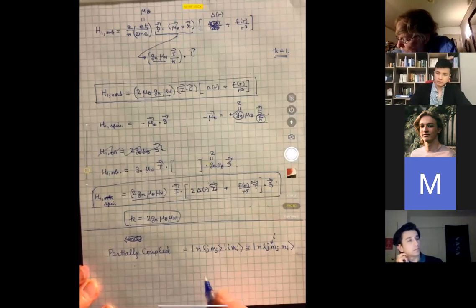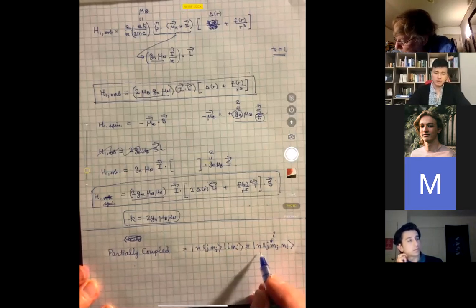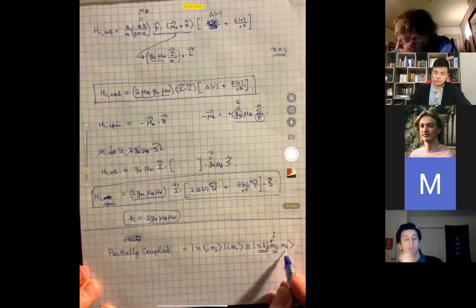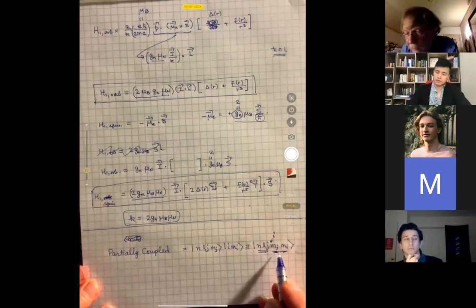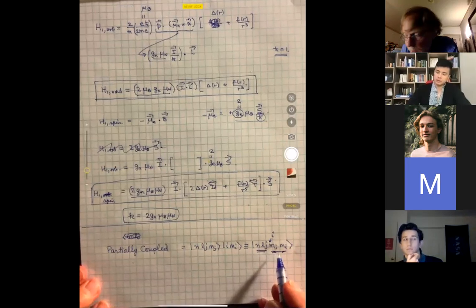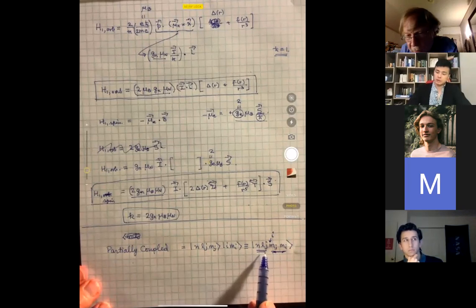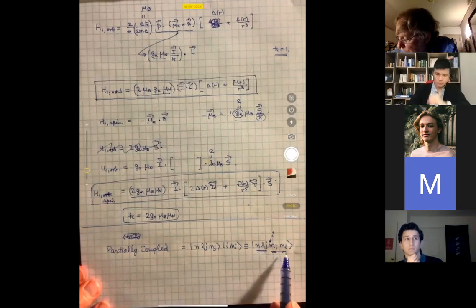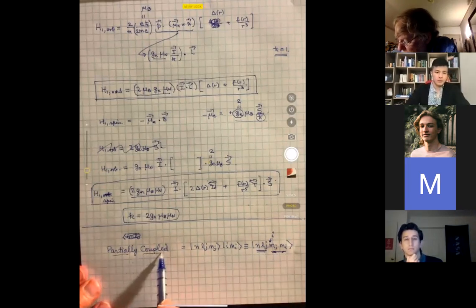And the energy levels are determined by the N, L and J quantum numbers. And the MJ and MI quantum numbers are the labels of the basis vectors inside the degenerate eigenspace. I call it partially coupled because in order to get J, we had to already couple together orbital and spin angular momentum. But we have not yet coupled that with the nuclear angular momentum. That's why it's only partially coupled.